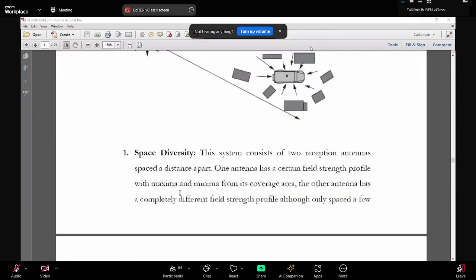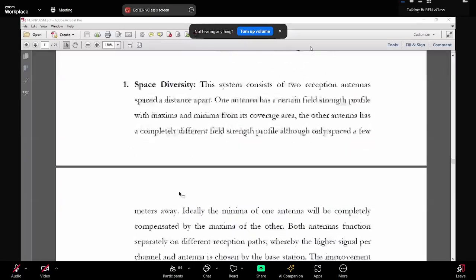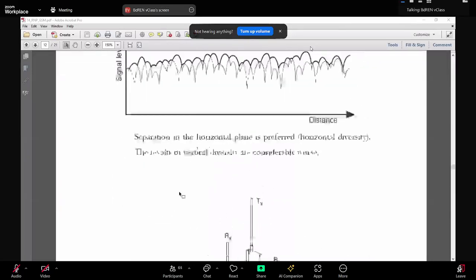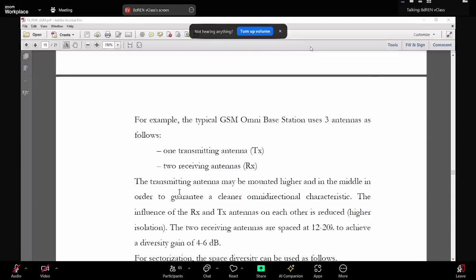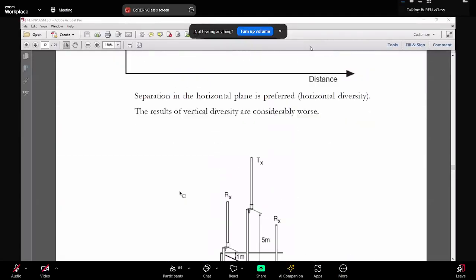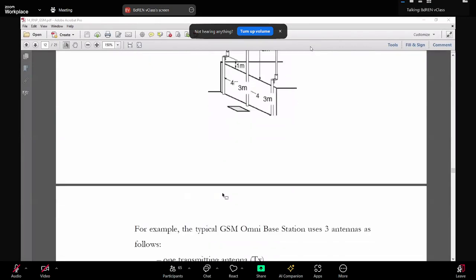Now, the first type, space diversity, we already explained, and here we had two receive antennas and one transmitting antenna at the base station.